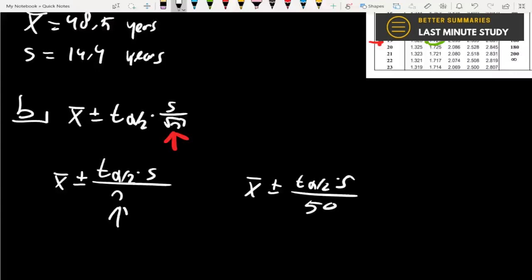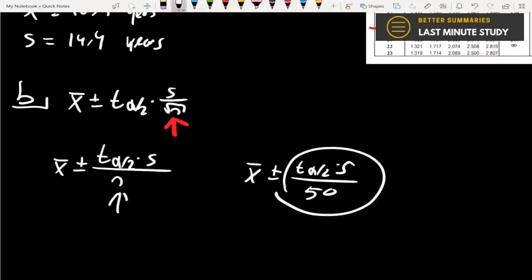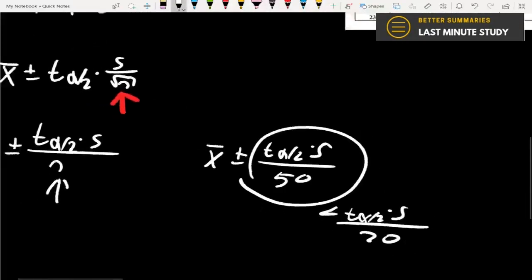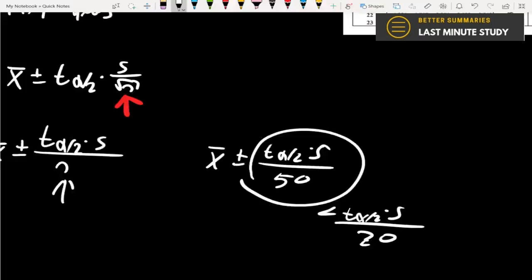Then this expression is going to be smaller than the one over 20. So what happens when we increase the sample size? We're getting boundaries closer to each other.